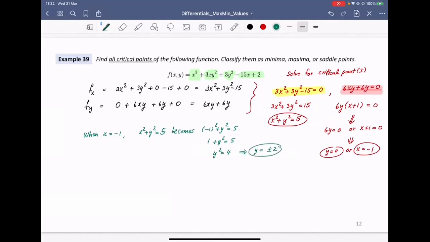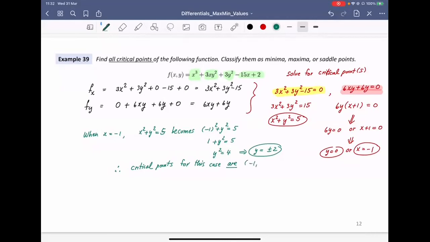So when x equal to -1, y equal to plus or minus 2. This means the critical points for this case are, because you have more than one, right?